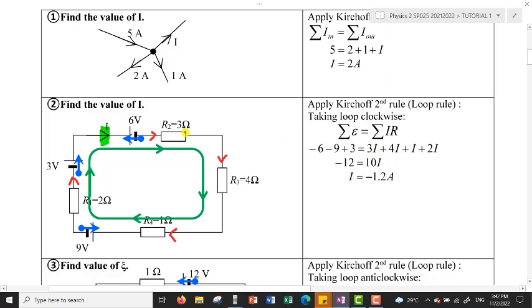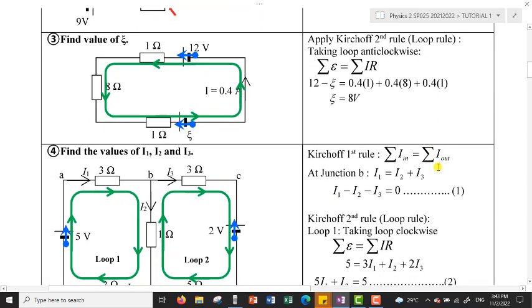This current passes through the 3 ohm resistor, 4 ohm resistor, 1 ohm resistor, and also the 2 ohm resistor. So we have 3 times I plus 4 times I plus 2I, and we get the equation for Kirchhoff's second rule. Then we solve it, and we get the current as negative 1.2 ampere. Okay, then we move on to question 3.